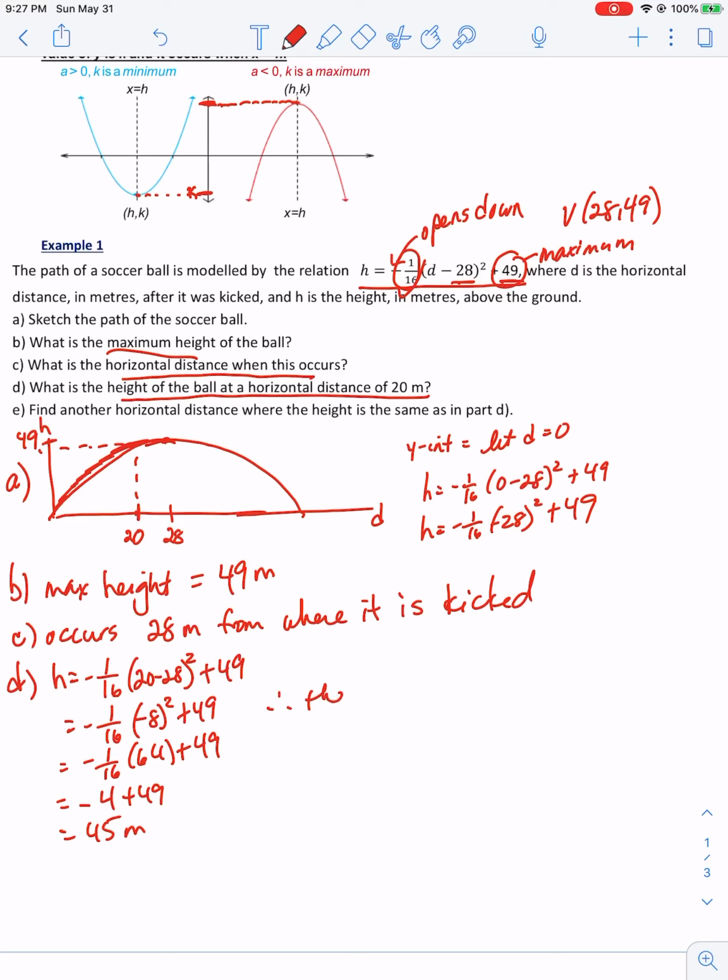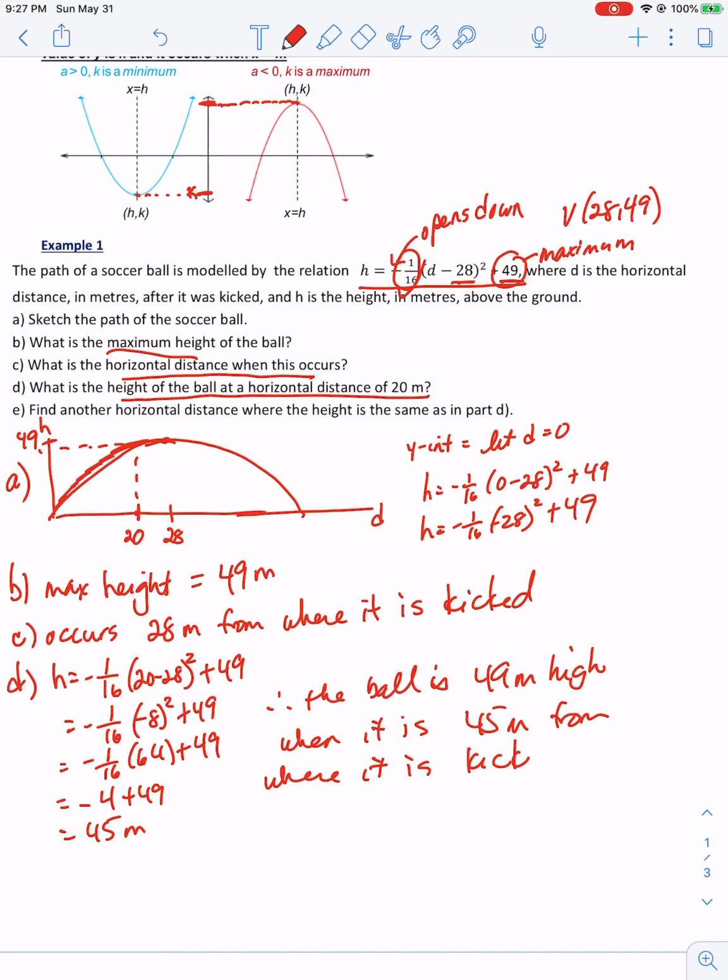So therefore the ball is 45 meters high when it is 20 meters from where it is kicked.